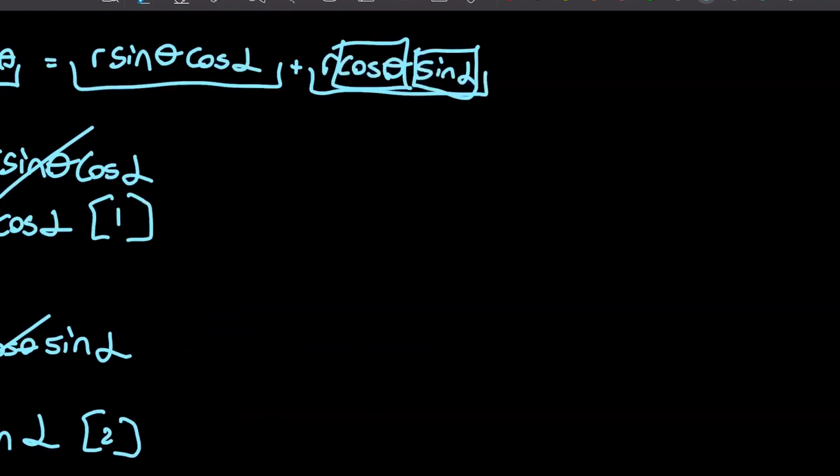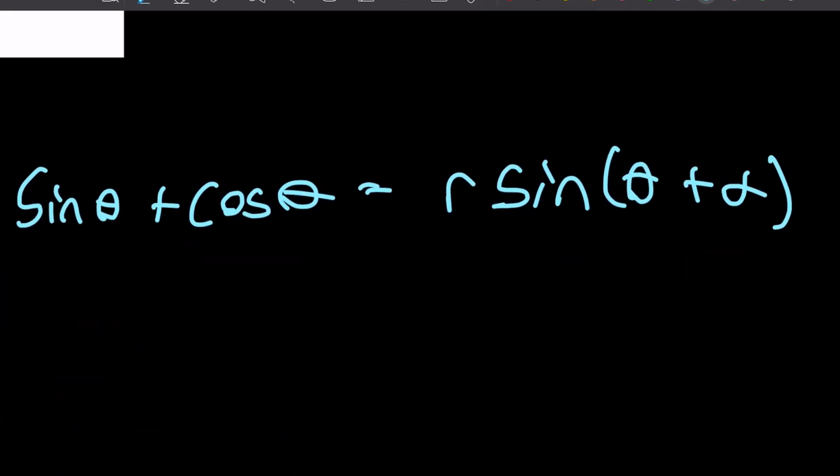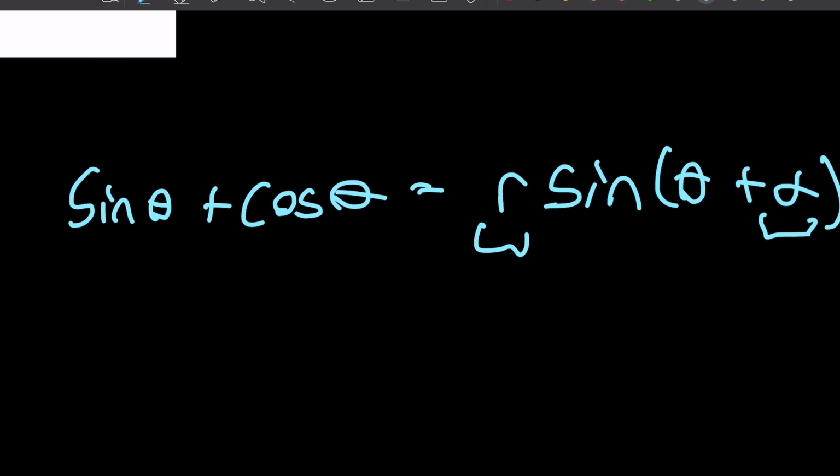So we can say f of theta is equal to sine theta plus cos theta is equal to r sine theta plus alpha. Now, we just found r and we found alpha, so we can actually do these. So we can say sine theta plus cos theta is equal to r, which we found down here, we found r to be root 2.